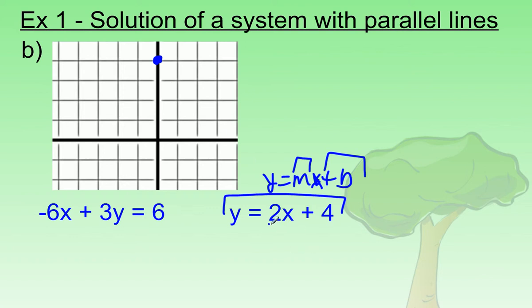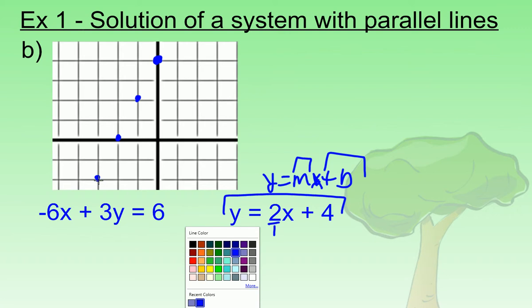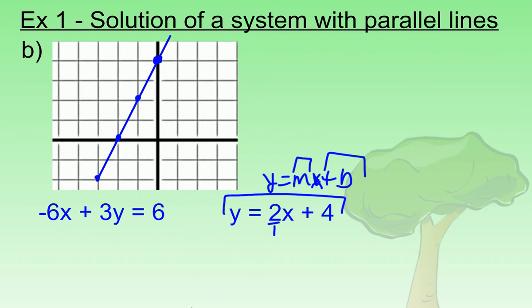As a fraction it is 2 over 1. So I'm going to go up 2 over 1. And I can't go up any more, so I'm going to do the reverse, down 2 over 1 the other way. And that gives me my blue line like this.